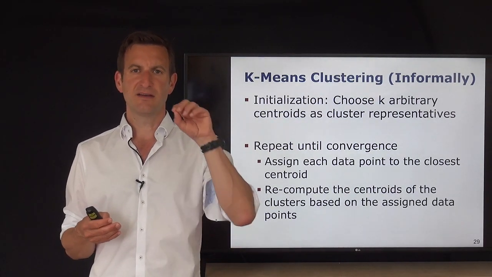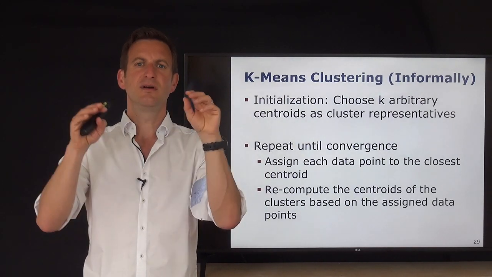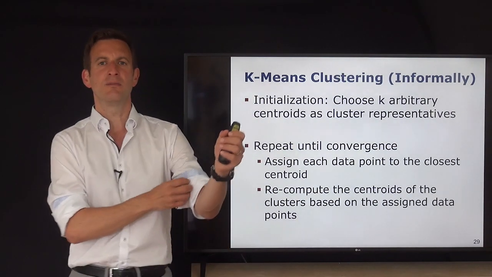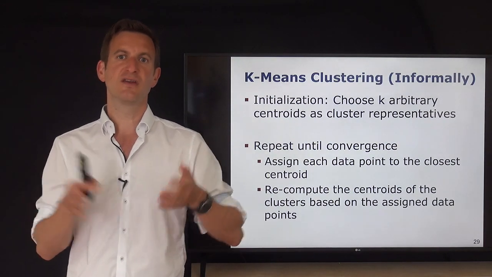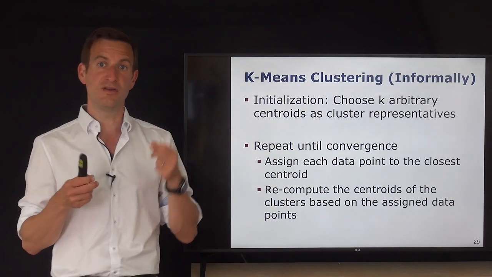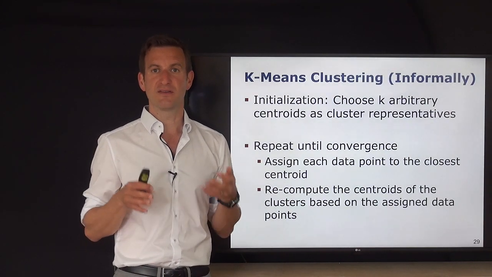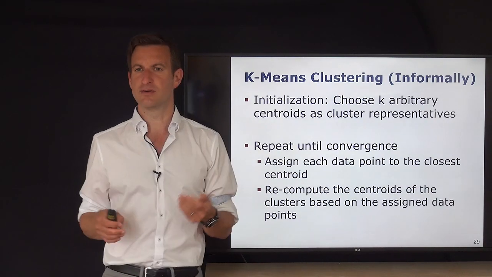So for every centroid, I ask which data points have been assigned to you, and your new location in the feature space is the mean computed over all those features, and this gives you the new word, the new data point in your high-dimensional feature space that represents the group of features. And then we repeat this approach until convergence.